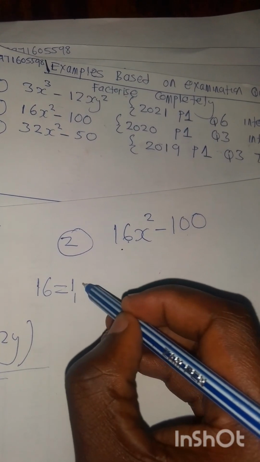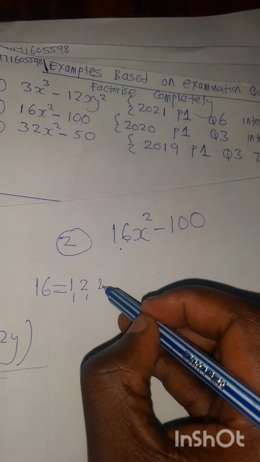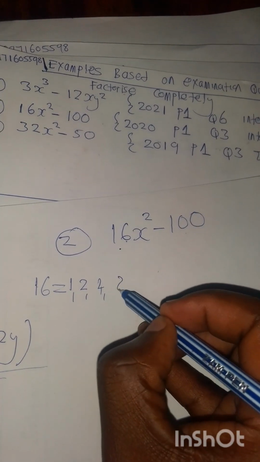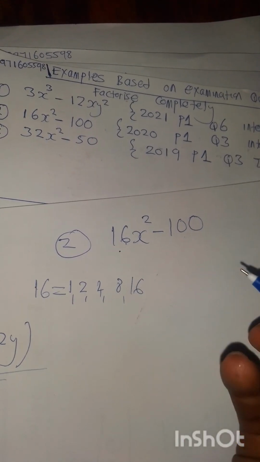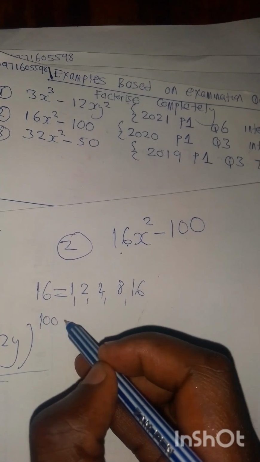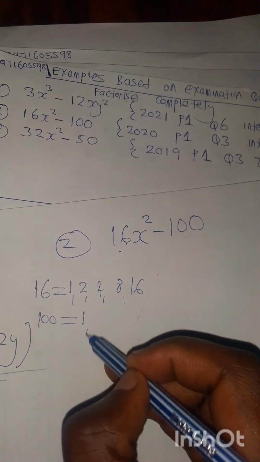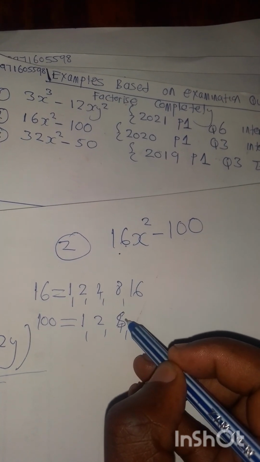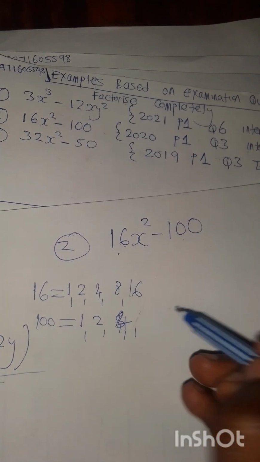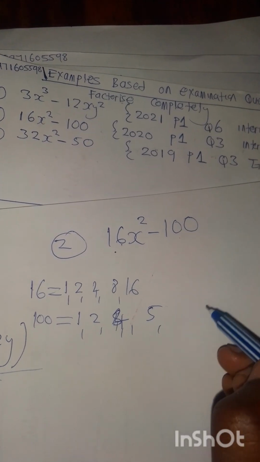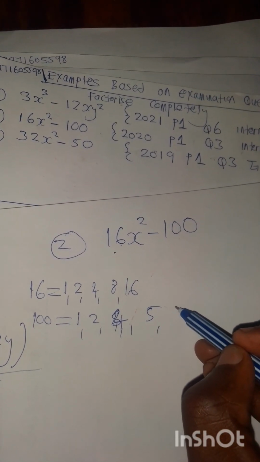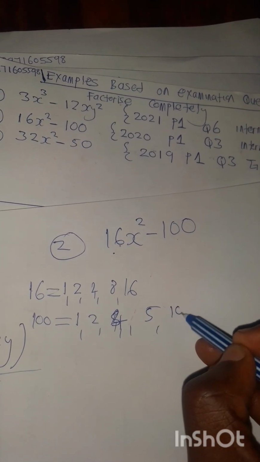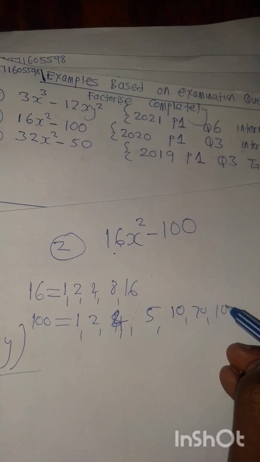We have 1 can go, 2 can go, 4 can go, then 8 can go, and 16. Then for 100, the factors of 100: 1 can go, 2 can go, 4 also, then 5 can go. Apart from 5, we have 10 can go, 20, and 100.